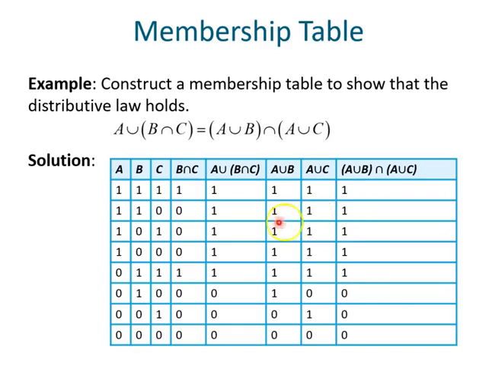And finally, we compare the columns of the left-hand side of the equality, that is this column, and the column of the right-hand side of the equality, that is this column. They coincide.